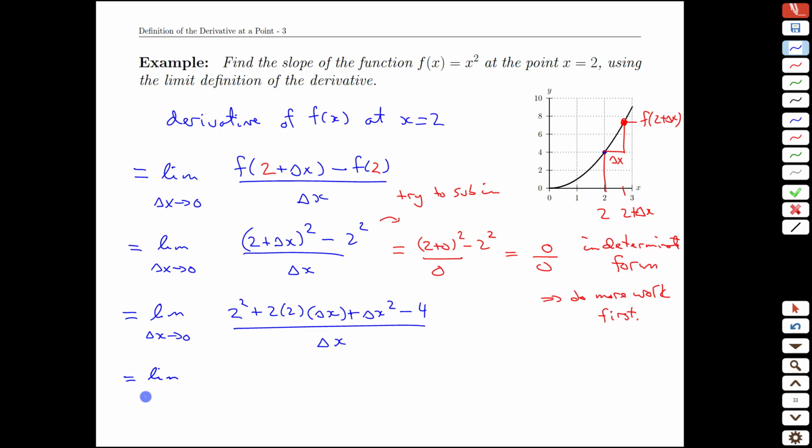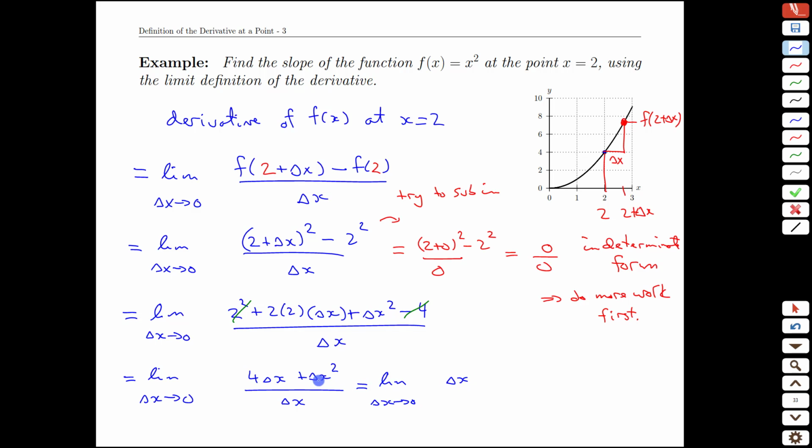However, we do get to tidy some things up here. In particular, we have 4 minus 4. Those will cancel. And that'll leave us with 4 delta x plus delta x squared all over delta x. And here, because delta x is not exactly 0, we can cancel it as we need to in the top and bottom. And the safest way to do that is to factor one out of the numerator.